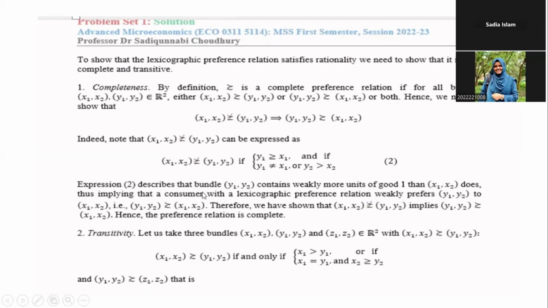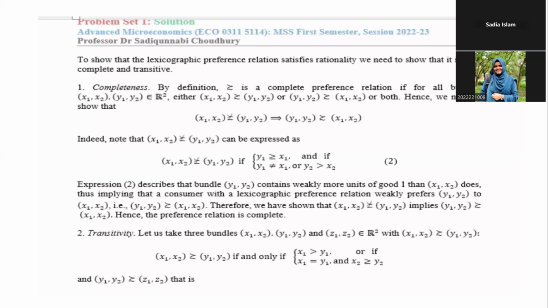Expression 2 describes that bundle Y1, Y2 contains weakly more units of good 1 than bundle X, thus implying that a consumer with a lexicographic preference relation weakly prefers bundle Y1, Y2 to X1, X2.